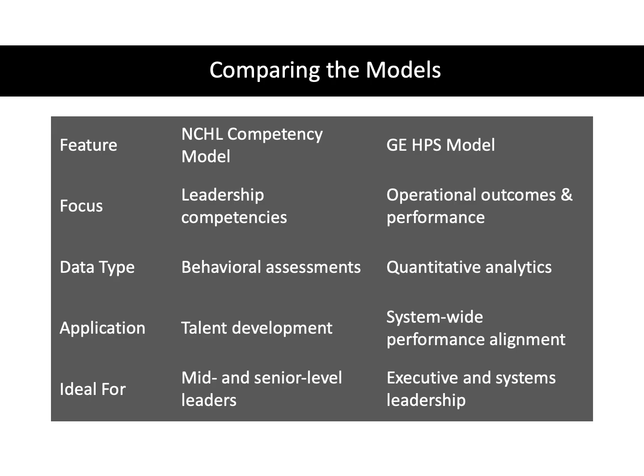As for application, talent development for the NCHL competency, while GE used system-wide performance alignment. The NCHL competency model would be ideal for use with mid and senior level leaders, while the GE model should be used with executive and systemic leadership.